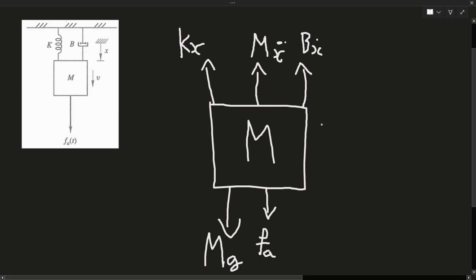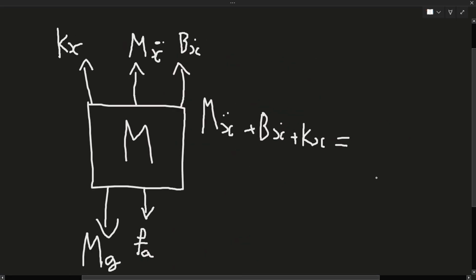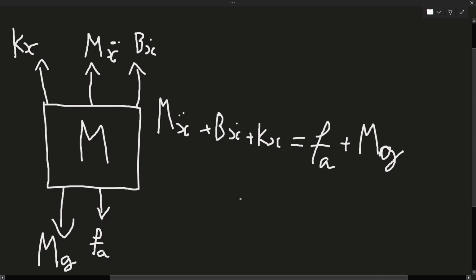Whatever is pointing up is the inertia, plus the damper, plus the spring constant, equal to whatever is pointing down, our input force and our gravitational force.